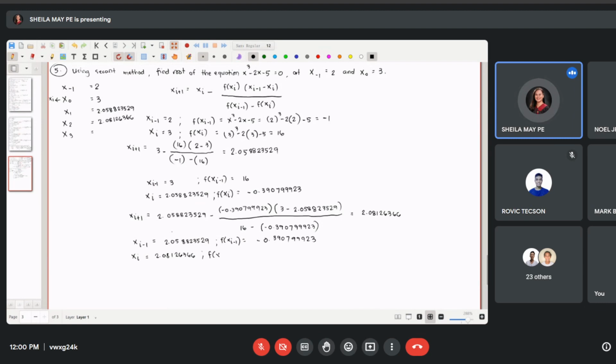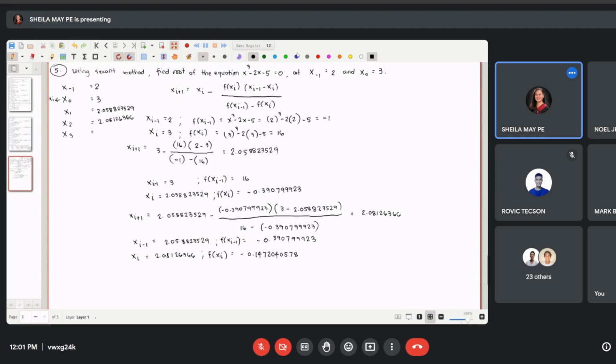And for our f of x sub i, 2.08126366, we get 0.14720400578.